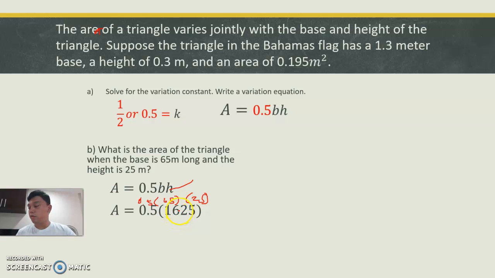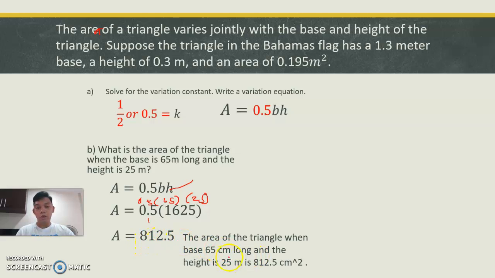I think it's 1625. Just to verify, 65 times 25. Yeah, it's 1625. And then half of it, or times 0.5 of it, is 812.5 square meters. Sorry, this is not centimeters. Square meters. Alright. Let's proceed to letter C.